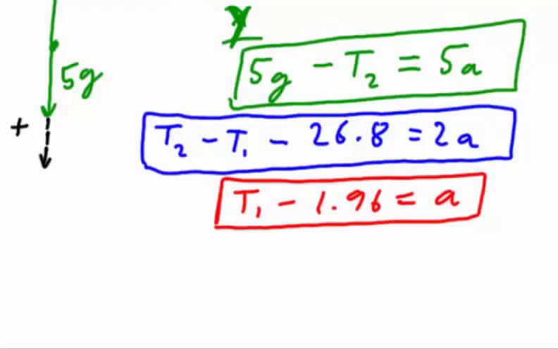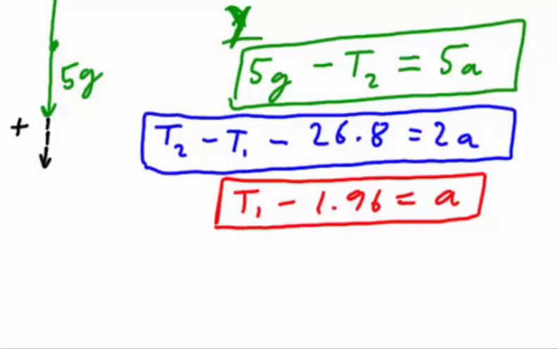Looking at tension 1, in the blue equation it's negative, in the red equation it's plus. And looking at tension 2, in the blue equation it's plus, and in the green equation it's negative. This is a double check that you can do before you proceed with the algebra to decide whether the equations are at least plausible. And they certainly seem to be. They reflect the fact that we were careful with our coordinates.